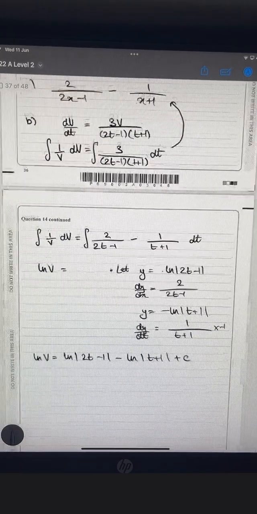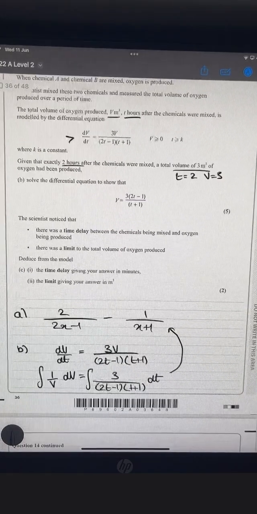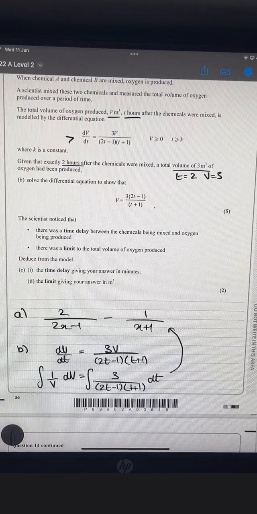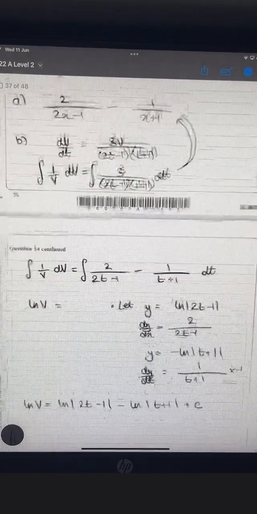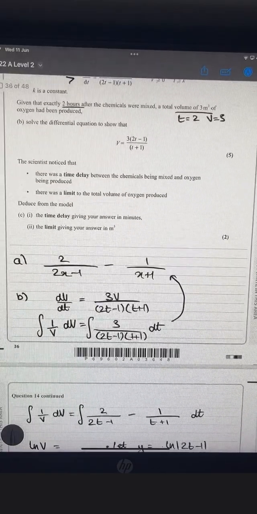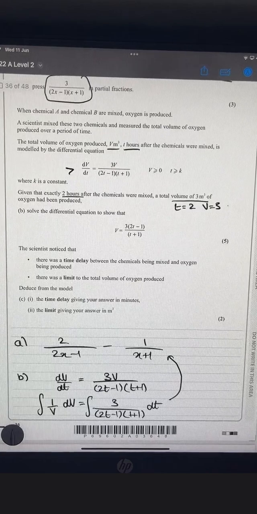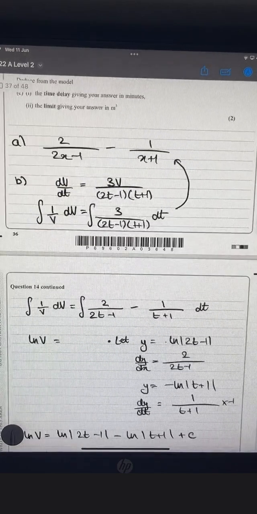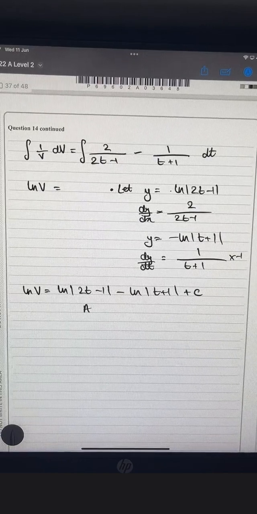I'm going to move on because I still haven't finished this, right? So I need to solve this differential equation. Show that v is equal to that. So I need to find C. How am I going to find C? I need some values given, right? Boundary conditions. Bam, there are my boundary conditions. So I'm just going to sub those in. So at t equals 2, the volume is equal to 3, 2 hours, right?